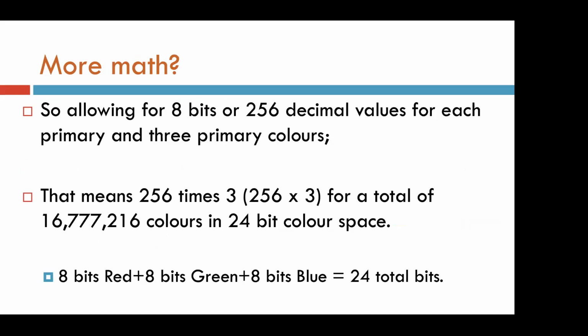Which means that we do some math, that we have 16 million colors in 24-bit color space. 8 bits red, 8 bits green, 8 bits blue is 24 bits, right? And if you do the math and multiply the values, you get 16 million colors.